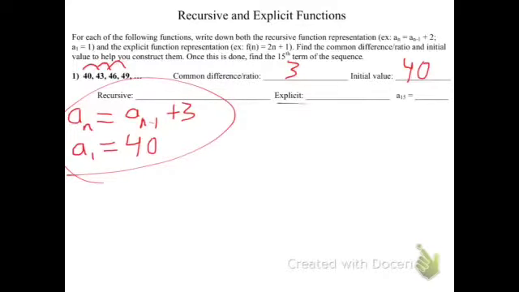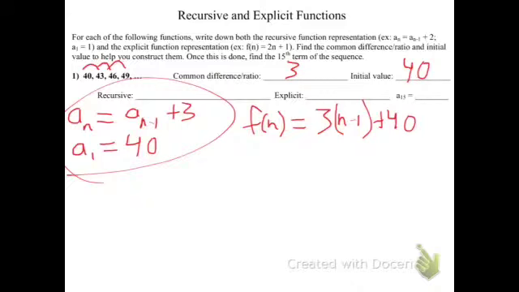Time for the explicit one. These ones have the form of f of n equals, and then we're going to have n minus 1 in here, because we do have this pattern of the previous term plus 3, but we're not going to do plus 3 on this one. We're going to put 3 in front, and then we're going to add 40 on the end.